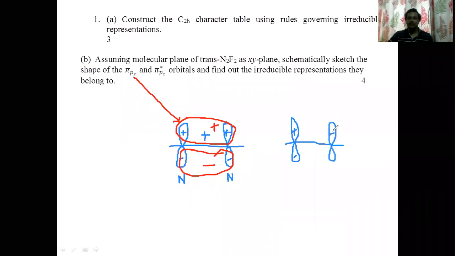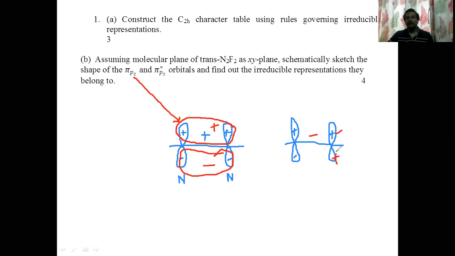This is plus, right? Now I'm going to take the minus combination instead of plus. When you do this minus combination, this becomes minus, and this becomes plus.